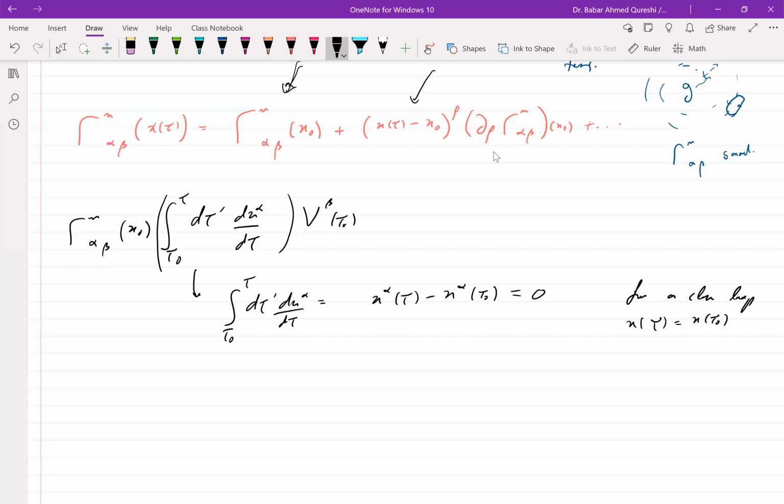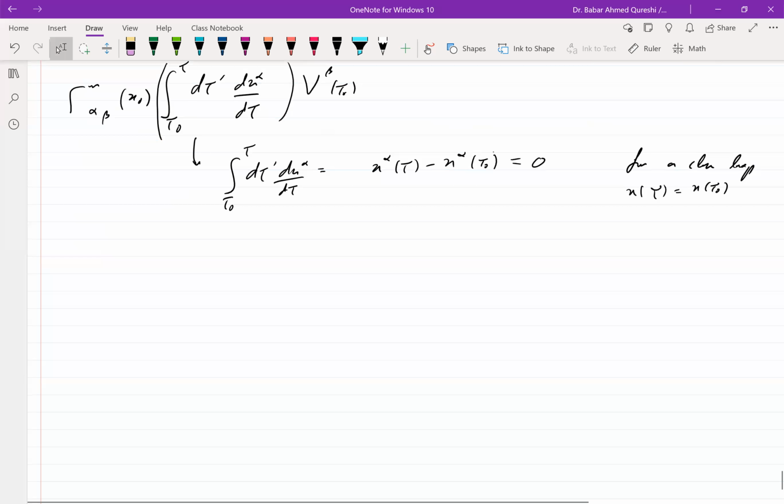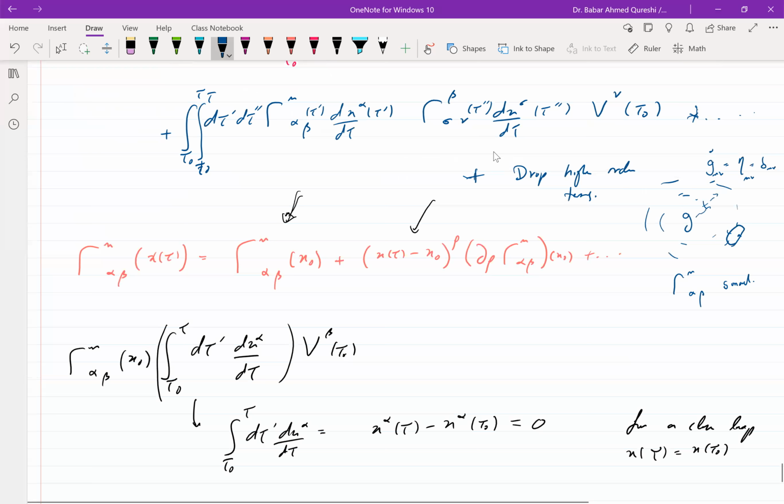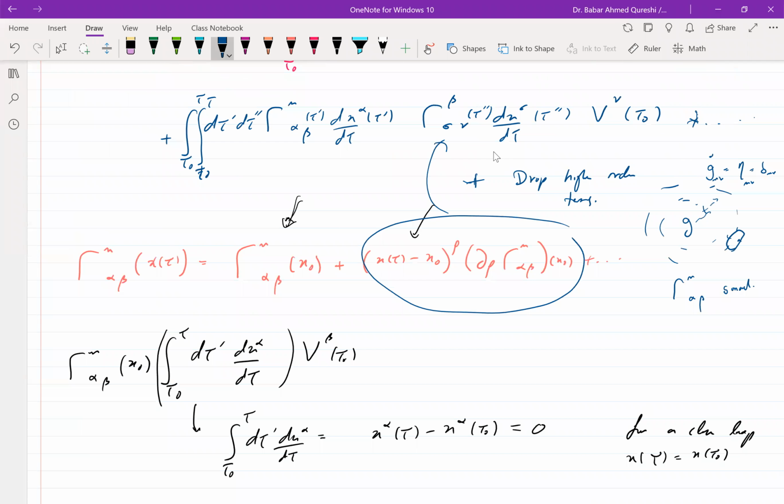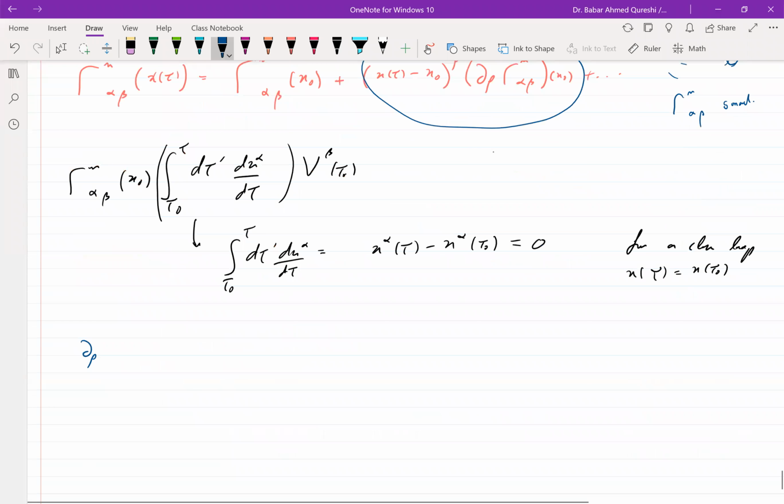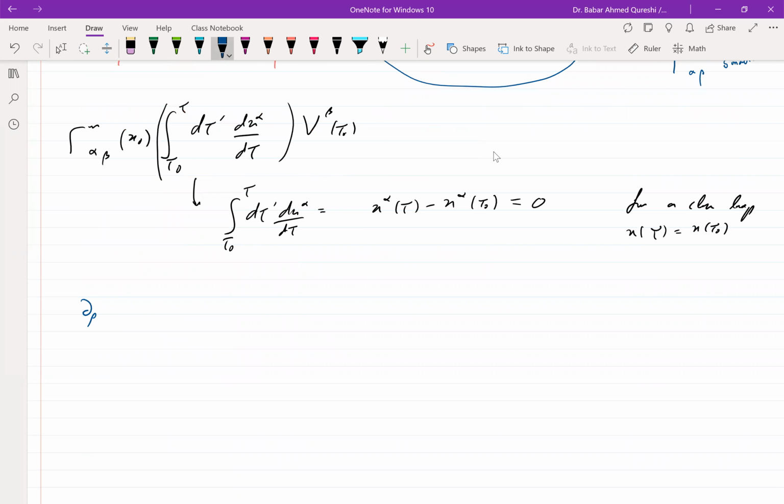But then we have this term coming from the derivative term. When I plug it over here, it's evaluated at a point, so this comes out.